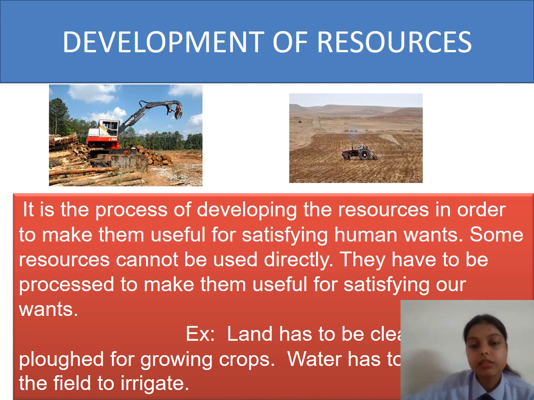There are some examples. Land has to be cleared for production of crops. If a farmer wants to grow crops, they have to clean the ground first. After that, they can grow crops on it.